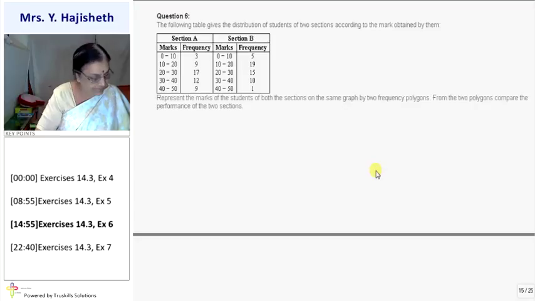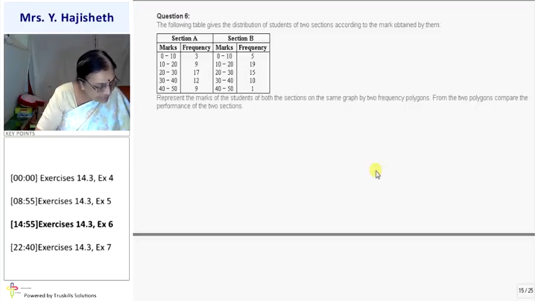The marks of the two sections are given. Section A: 0 to 10, 3; right, 10 to 20, 9 students are getting marks between 10 and 20; 20 to 30, 17; 30 to 40, 12; 40 to 50, 9. But in section B, the children getting 0 to 10 are 5; 10 to 20, 19; 20 to 30, 15; 30 to 40, 10; and 40 to 50, 1.